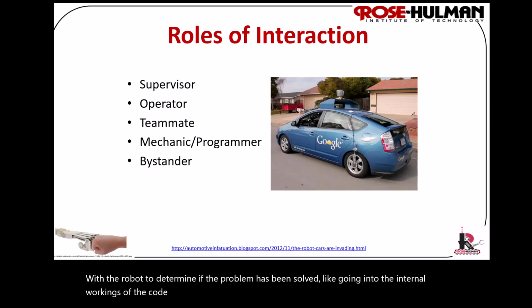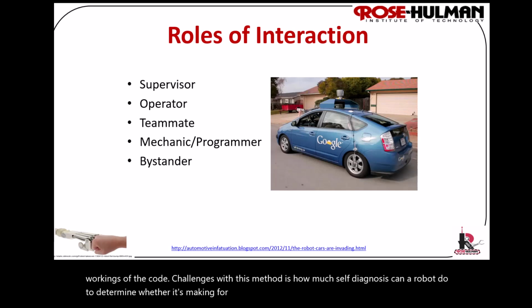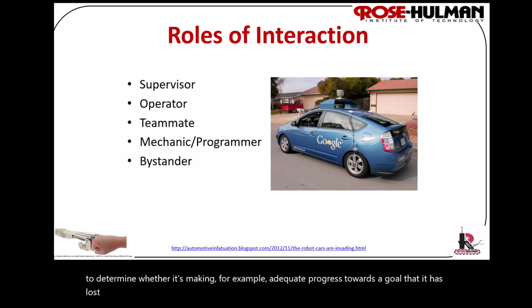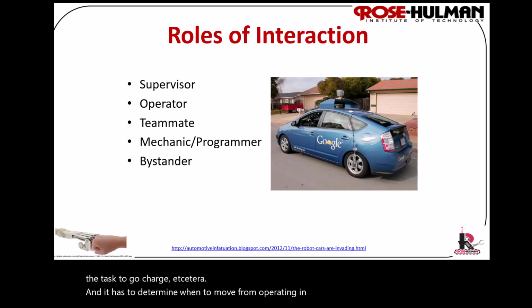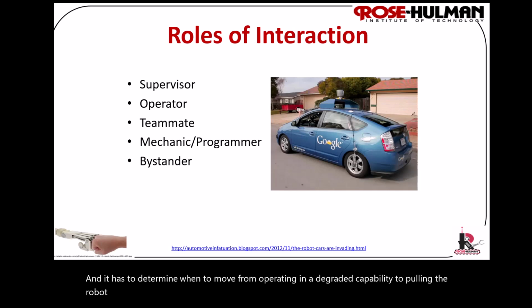The challenge with this method is how much self-diagnosis can a robot do to determine whether it's making adequate progress towards a goal, that it has lost a wheel or a gripper, or that the battery is dying and it needs to abandon the task to go charge, etc. And it has to determine when to move from operating in a degraded capability to pulling the robot off the task and attempting to fix the problem.